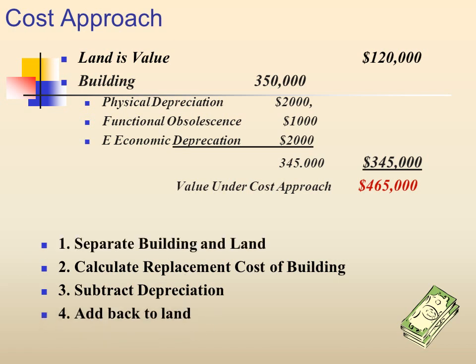So the first thing we do then is we separate the land and the building, and to the building then we subtract depreciation. Those are those three things there. That gives us the depreciated value of the building. We add that back onto the land, and we have a value under the cost approach of $465,000.